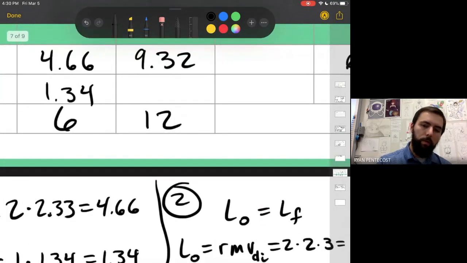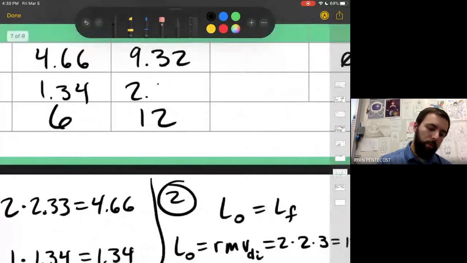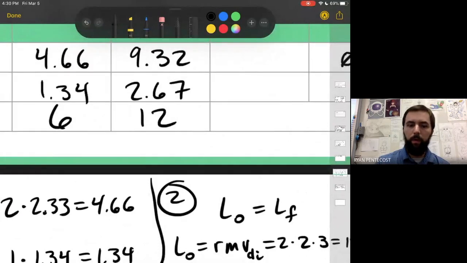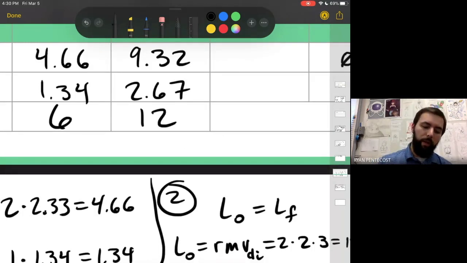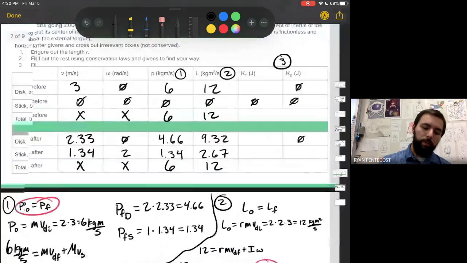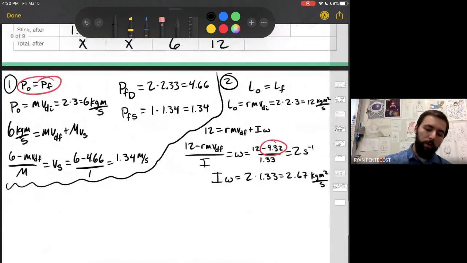So right here, you would get 2.67. So 9.32 plus 2.67 gives you approximately 12. We are off by 1/100th, but that is really darn close. So that covered everything on our part 2.